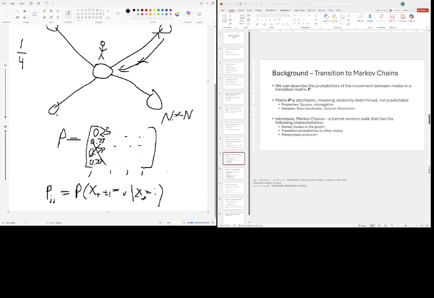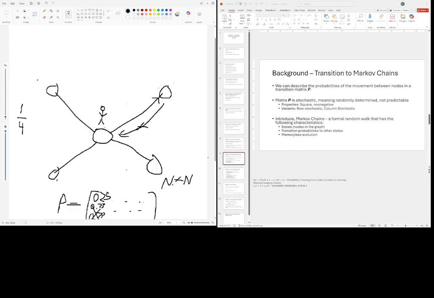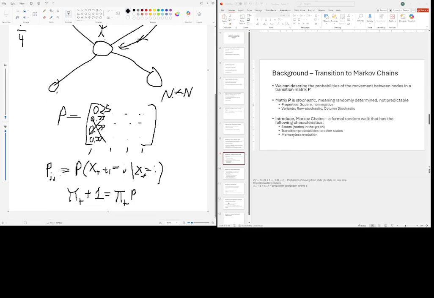So state i to state j, and then if we repeatedly walk, it'll look like this, and we denote this using pi. Our new state is based on the current state times the probability of it visiting other states. That's the basics.